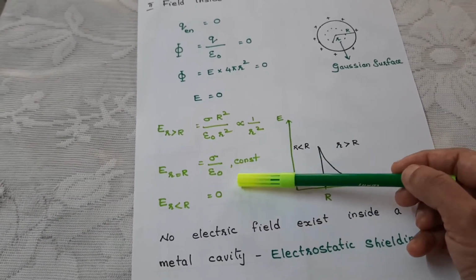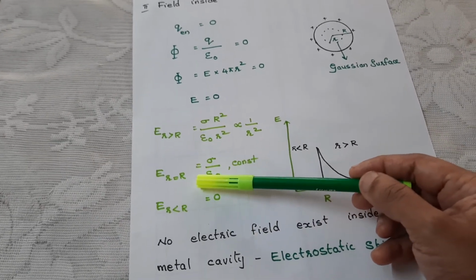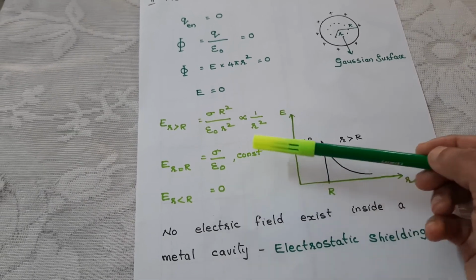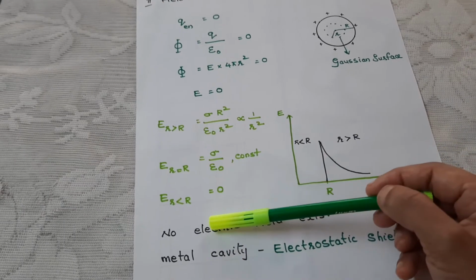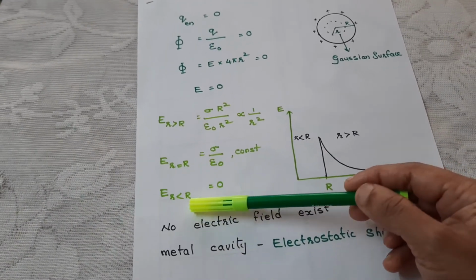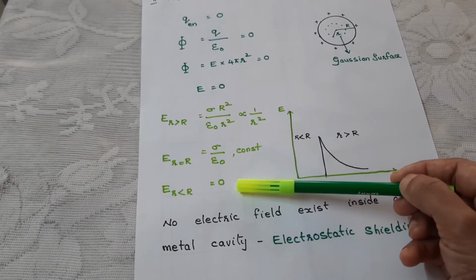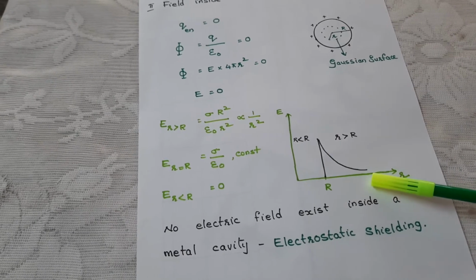At a point on the surface of the shell, that is small r equal to capital R, electric field is sigma by epsilon 0, it is constant. At a point inside the shell, that is small r less than capital R, the electric field is 0. So let us draw the graph between E and R.